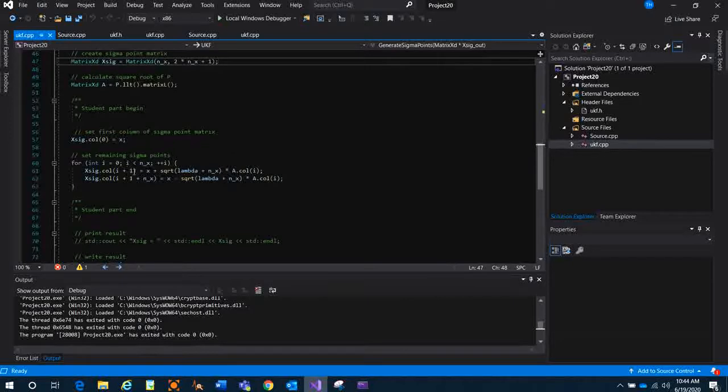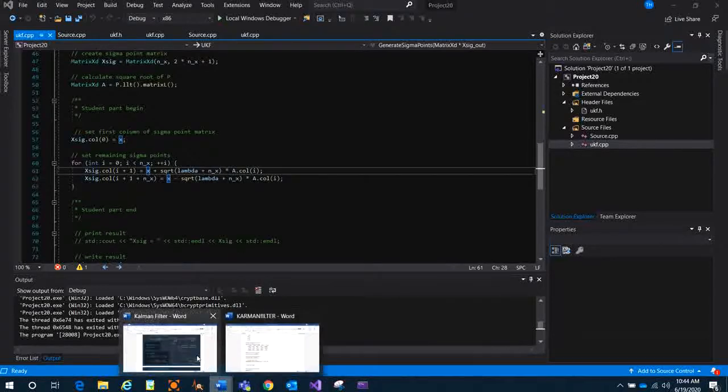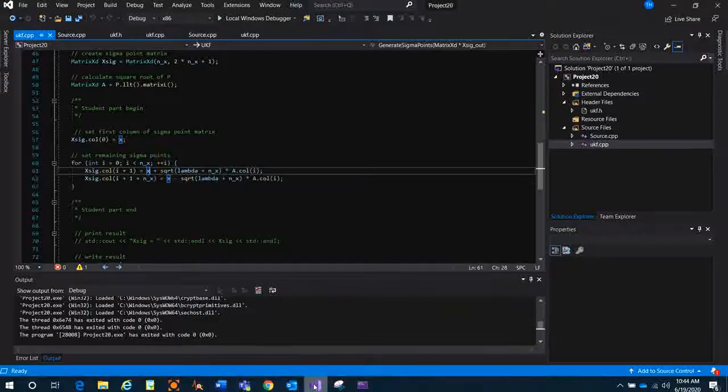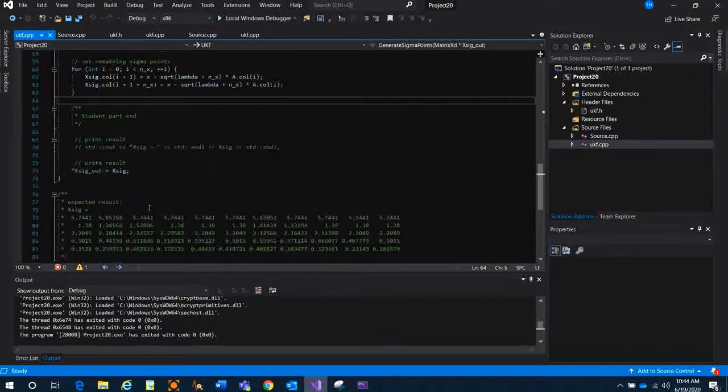Each column has a value. You use the mean state plus the square root of lambda plus n_x times a column of the square root matrix. This formula, and another formula we put here, will generate the sigma point matrix for us.